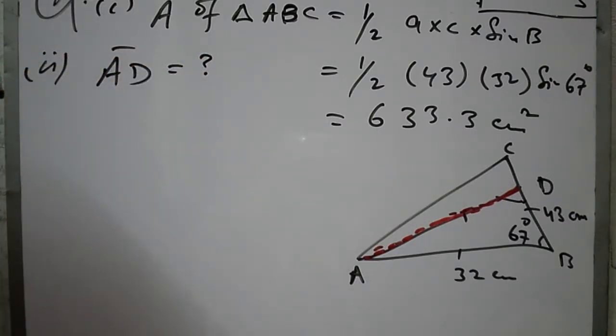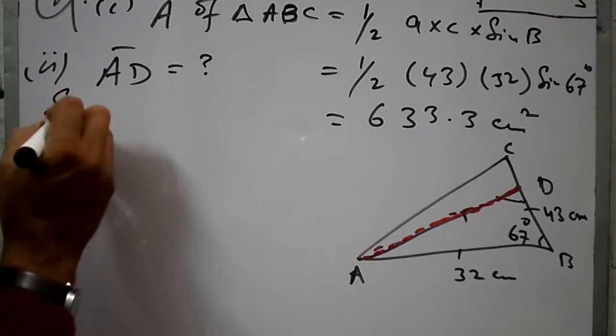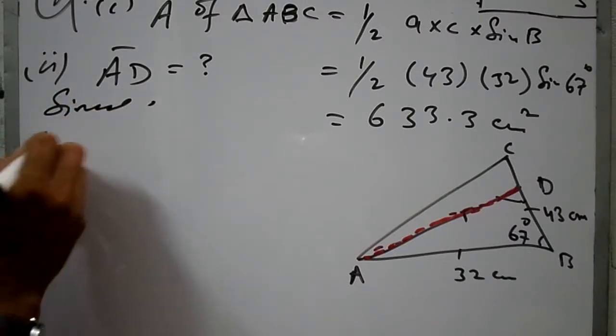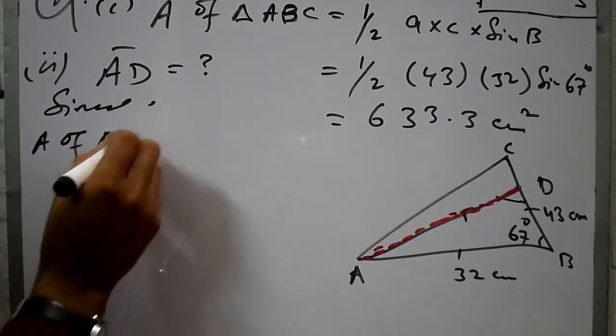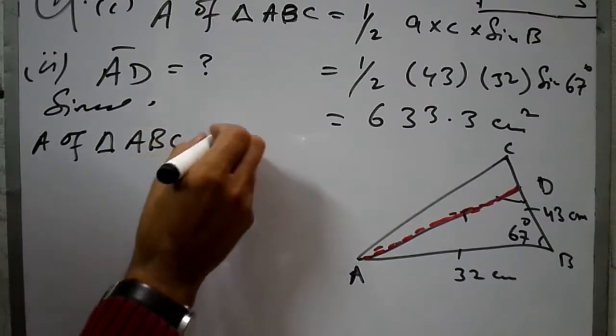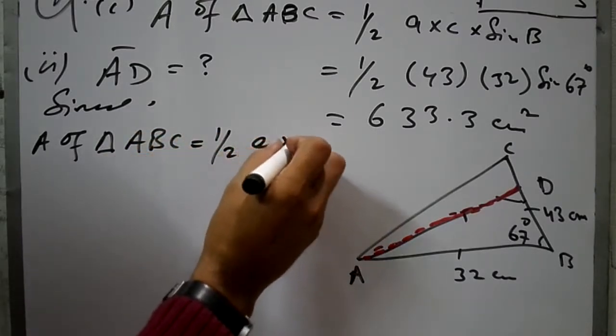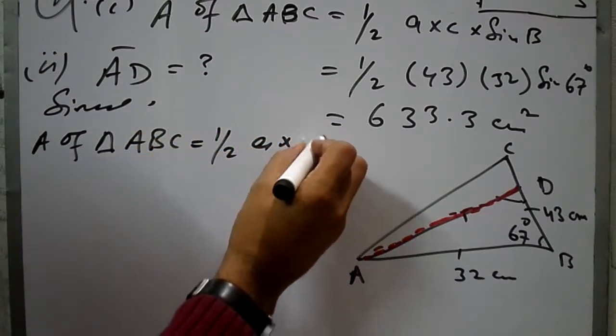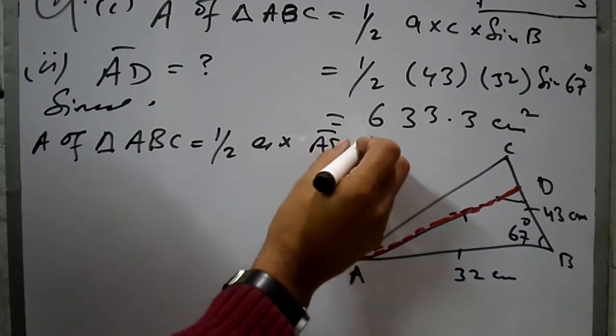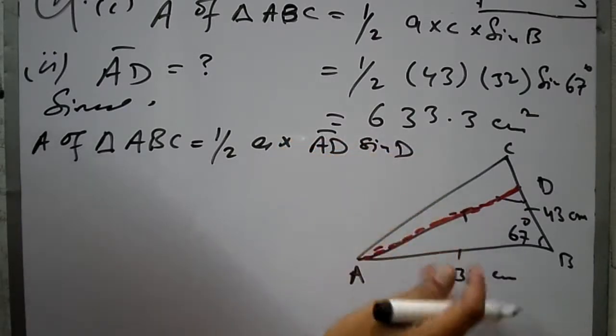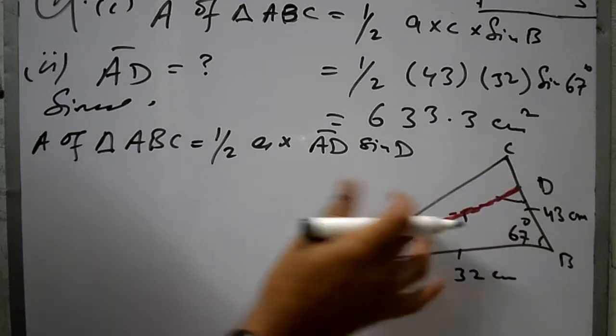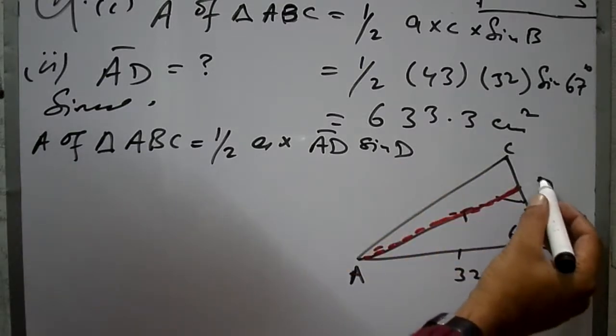So again by using the same formula, area of triangle ABC is equal to half A into AD and sine D. If we use this statement, here is your D point.